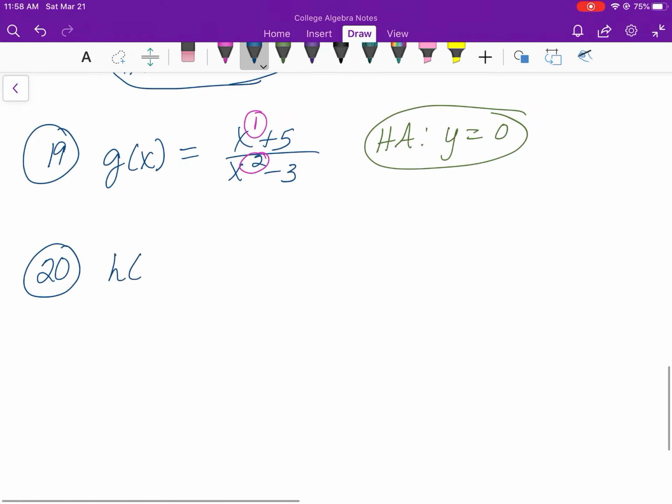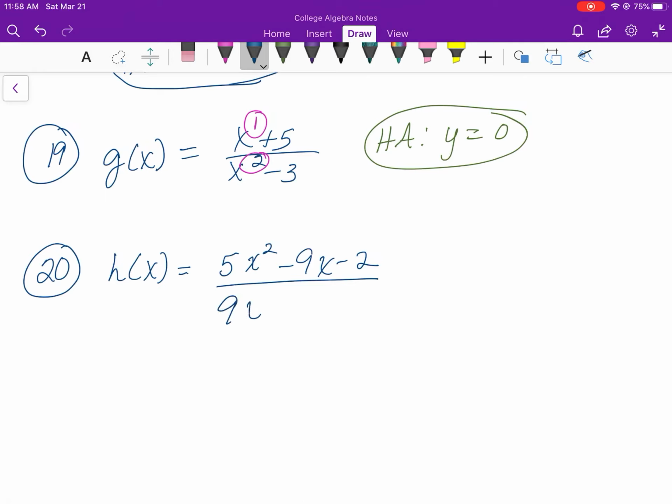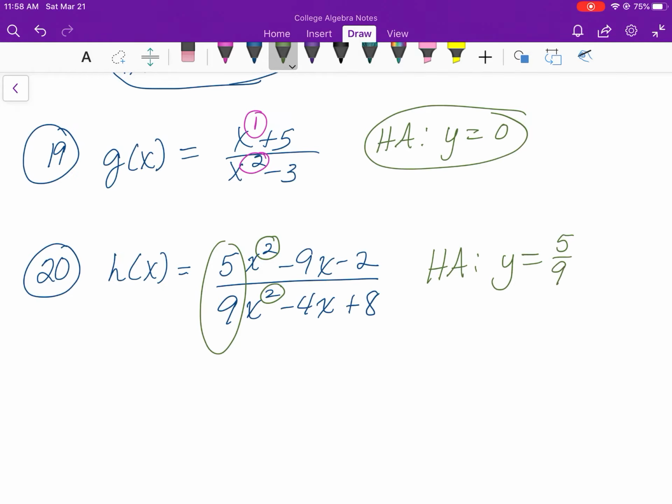Another one with horizontal asymptotes. All right, I notice here my degrees are the same, so I'm going to compare, and my horizontal asymptote is y equals 5 over 9.